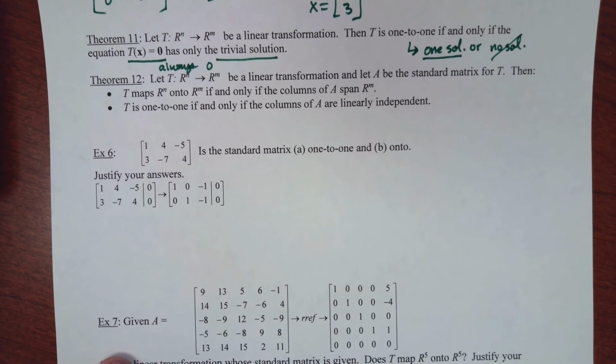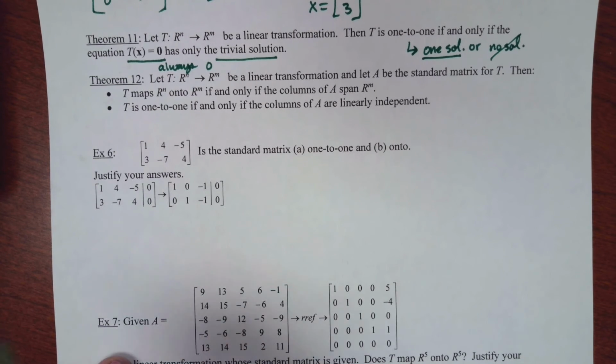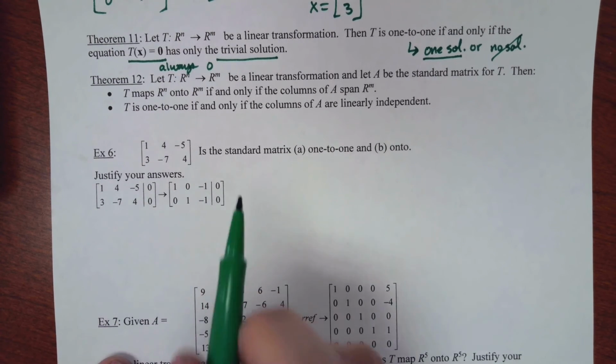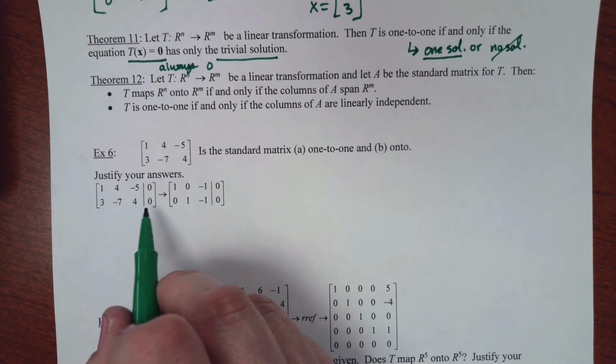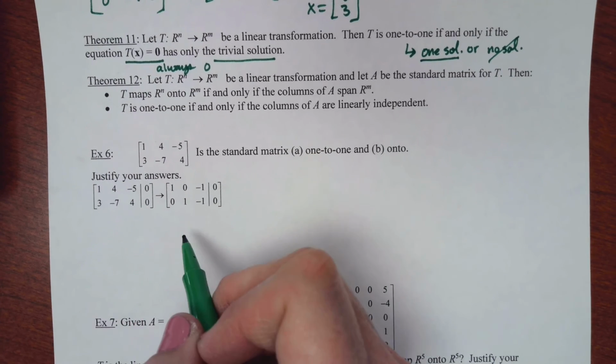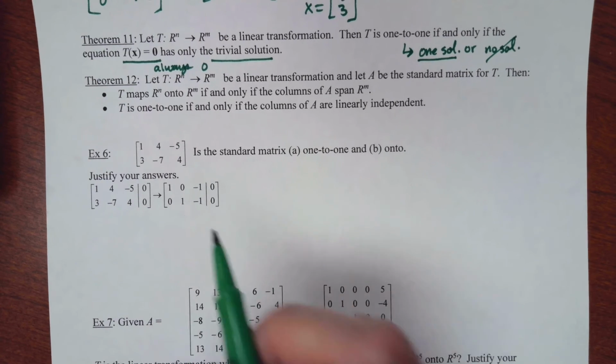Is the standard matrix here one-to-one, onto? Justify our answers. So I took this here. I put some 0, 0 there, though we didn't really need to, just to imagine this last little theorem. Anyway, this REFs down to this guy here.